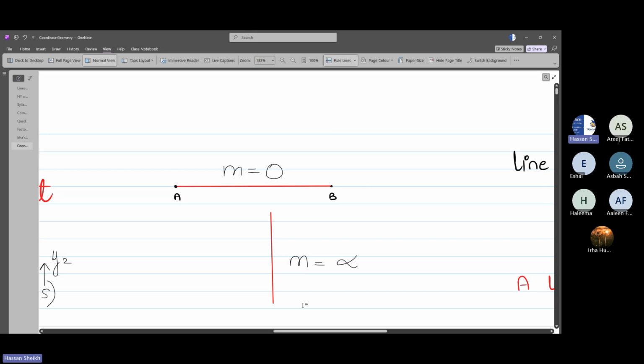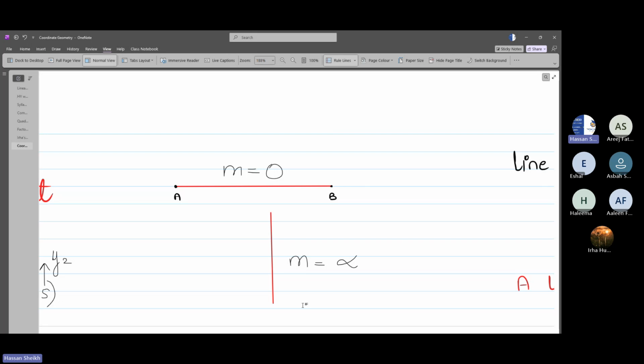Do you agree that flat lines have zero slope because they are not steep? They are flat. Always remember that we call the flat line horizontal.